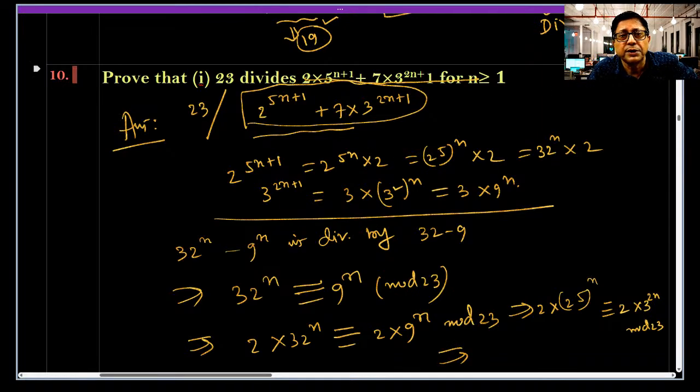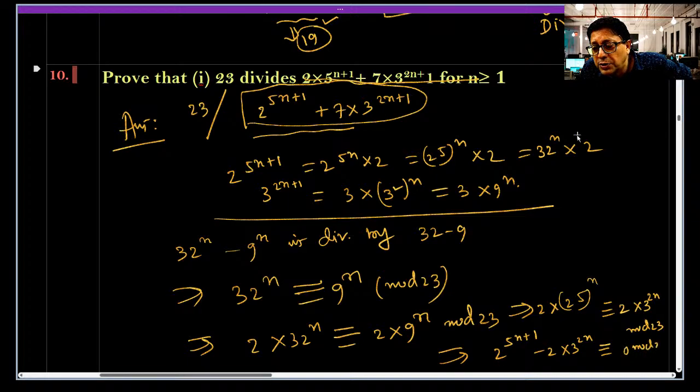So we need, just simplify it, 2 to the power 5n plus 1 only was written. No, there is no point of hesitation. 2 to the power 5n plus 1 minus 2 into 3 to the power 2n is congruent with 0 mod 23.